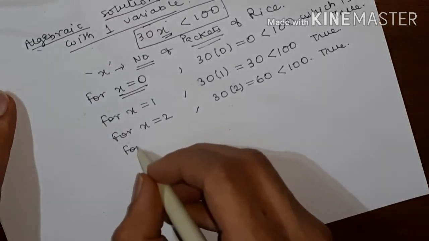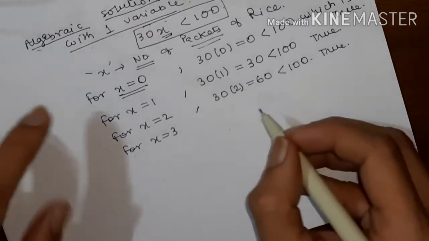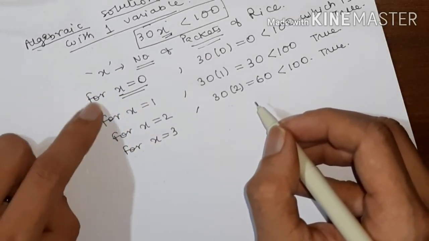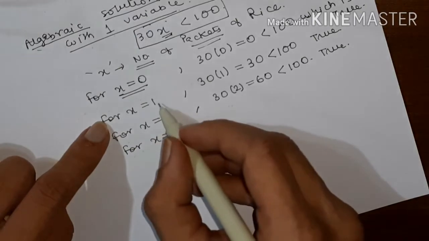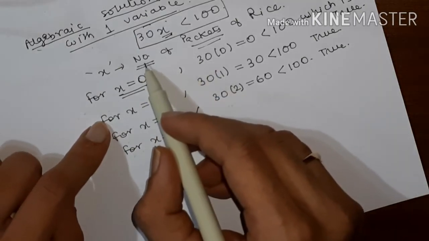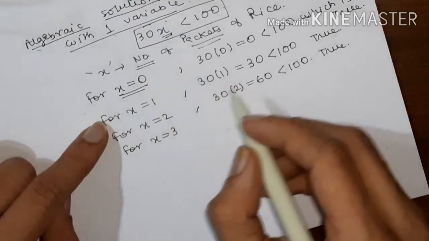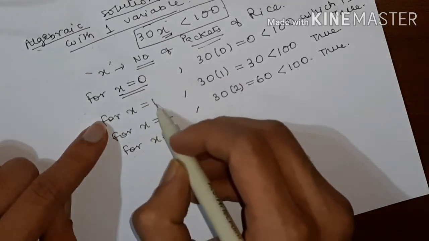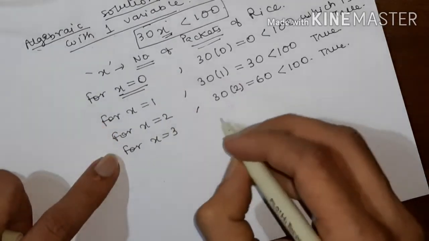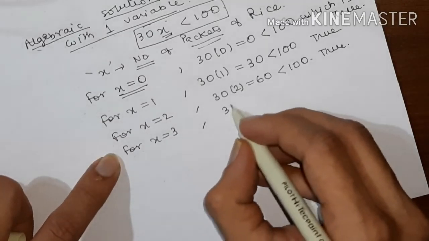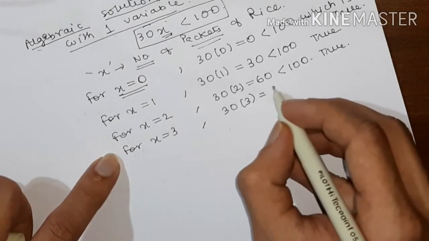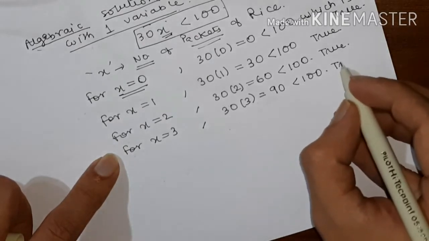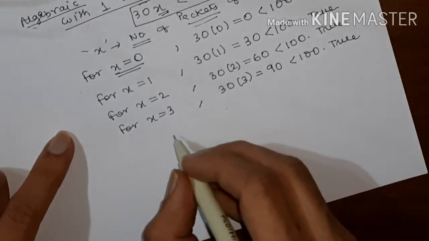Then for x equal to 3, I am only taking integers or natural numbers after 0, 1, 2, 3, because here it is the number of packets. So the number of packets can be 0 or the natural numbers 1, 2, 3. What you get here is 30 times 3 equal to 90, which is less than 100, which is also true.